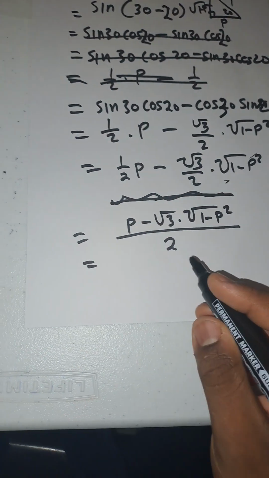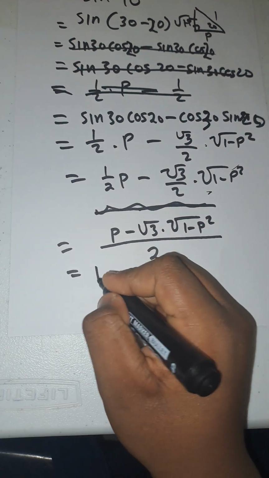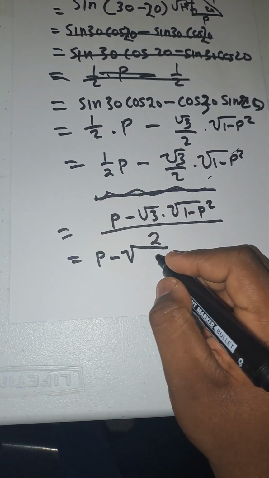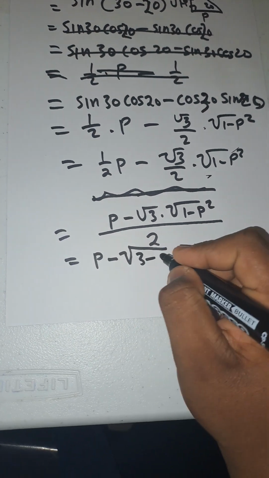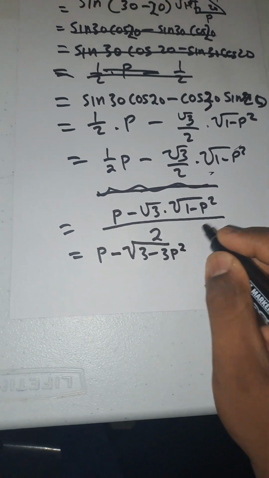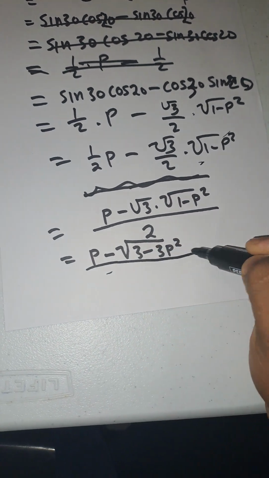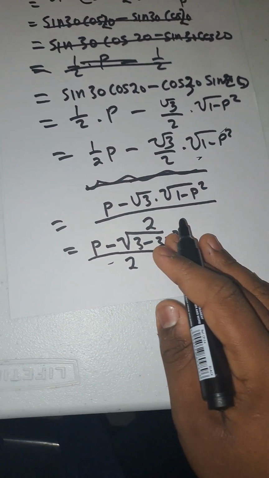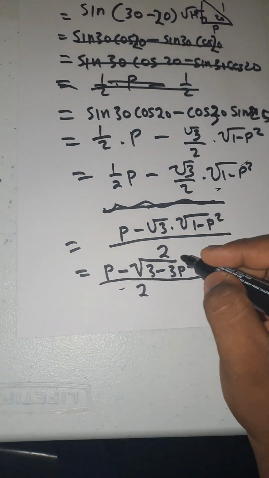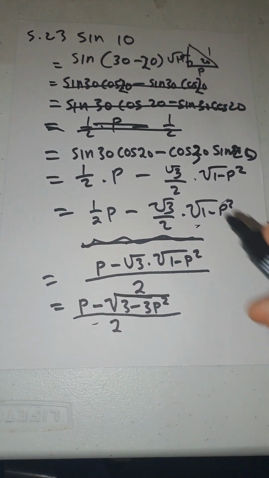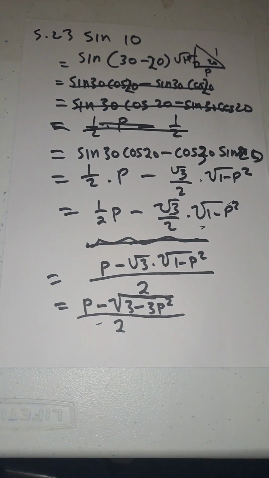Then let's simplify now. It's going to be p minus square root of 3 minus 3p squared, over 2. Then I don't think it's going to be simplified from this one. So I think this is where we end, guys. Sorry for that mistake. It happens.